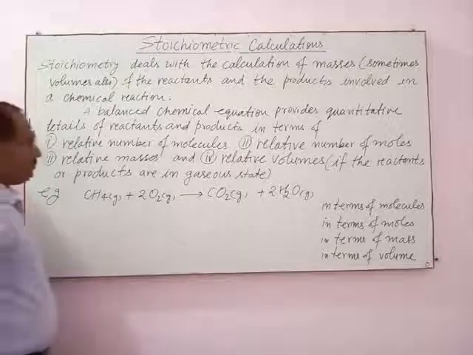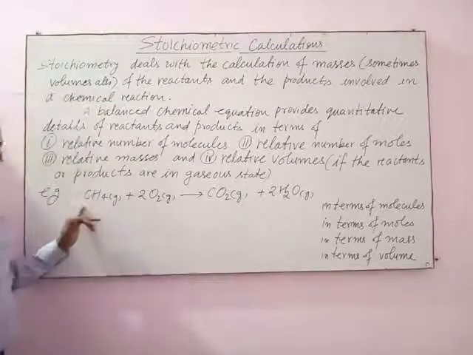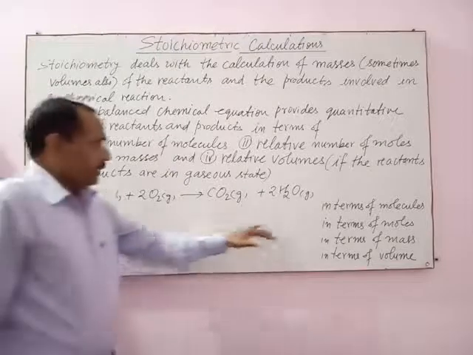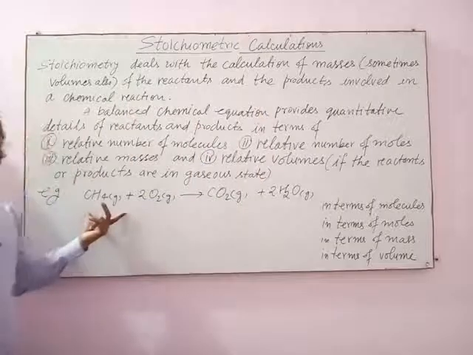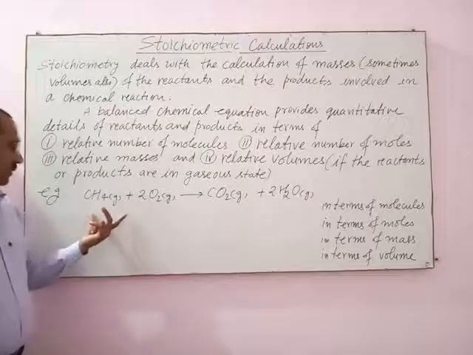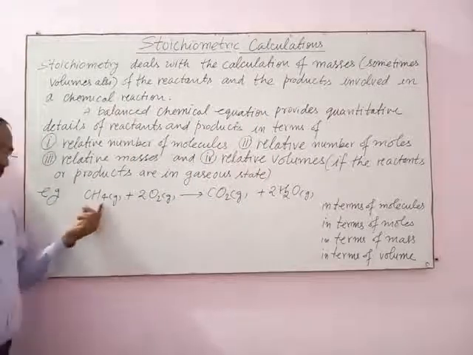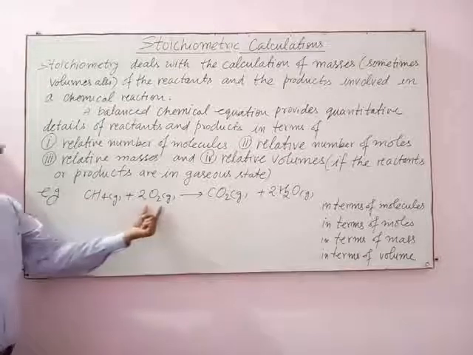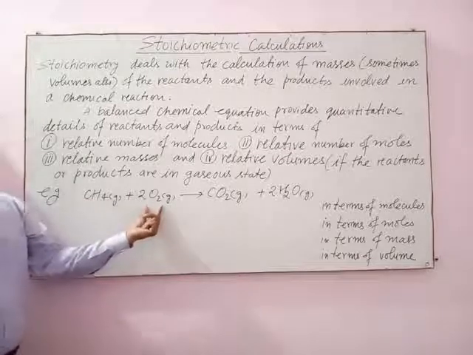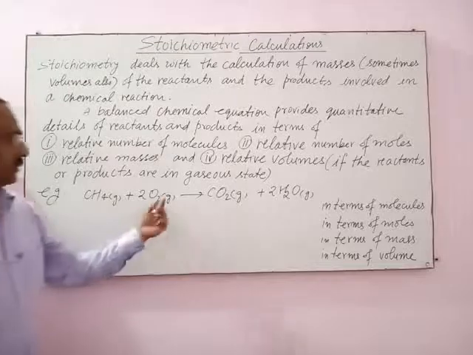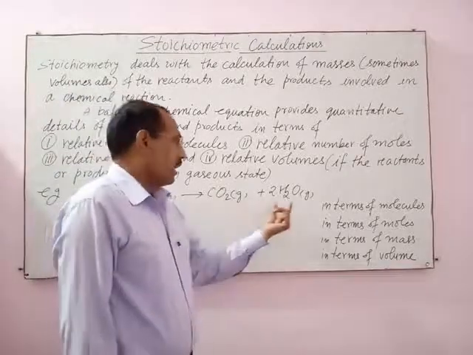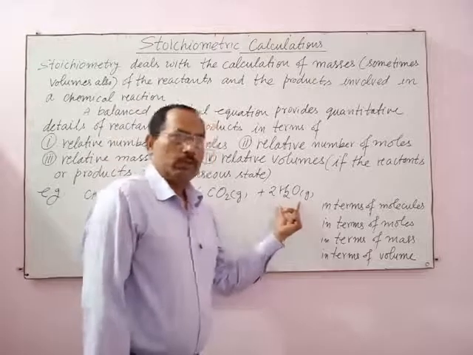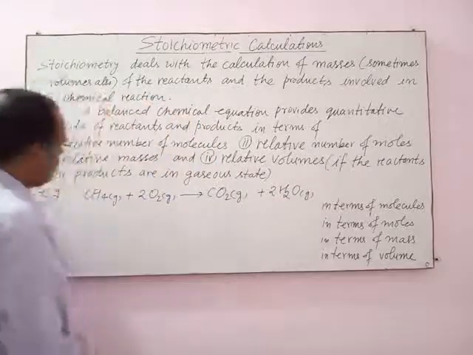For example, in this case, in terms of molecules, this reaction can be expressed as one molecule of methane reacts with two molecules of oxygen, gives one molecule of carbon dioxide and two molecules of H2O gas.